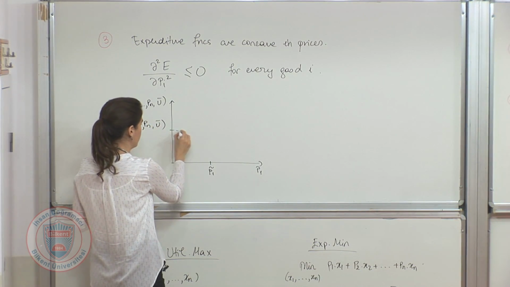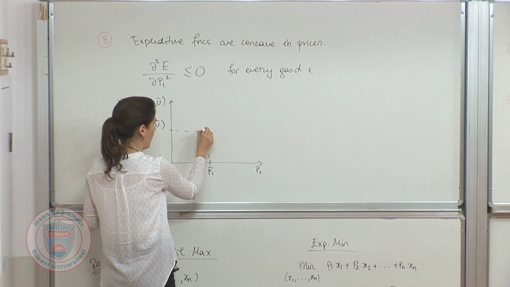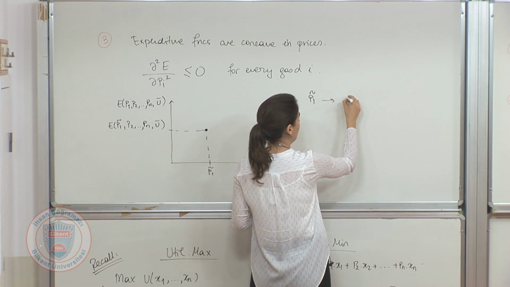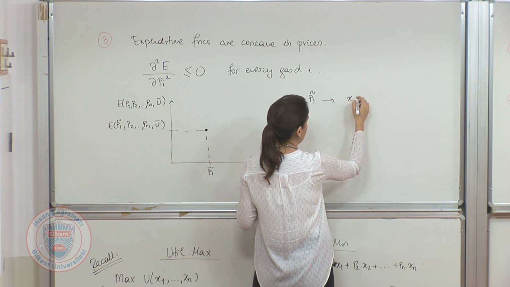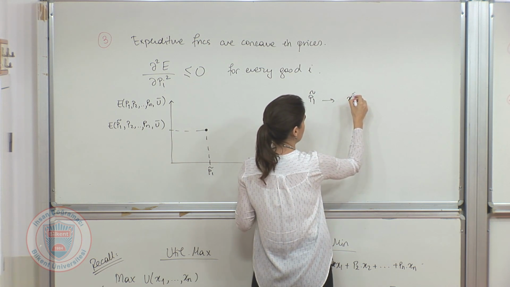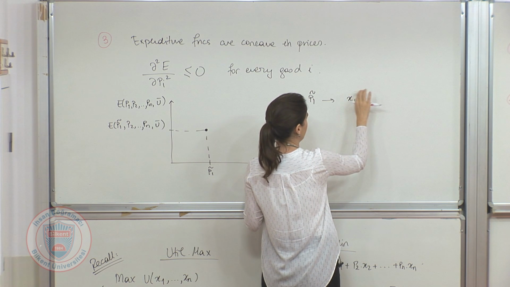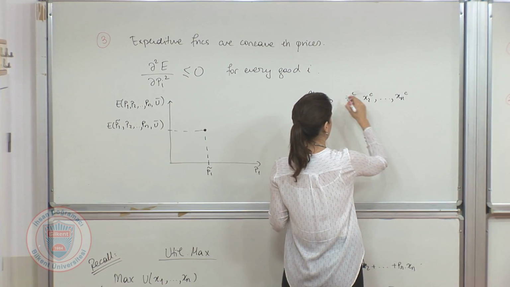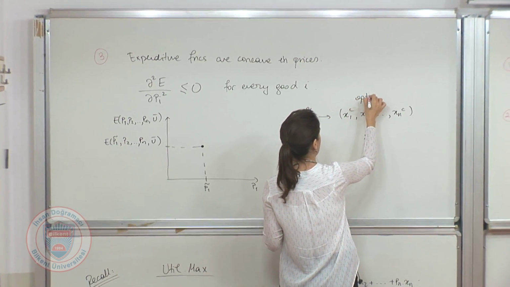Suppose it's this point. And suppose when price 1 was P1 tilde, my optimal bundle is X1C, X2C, XnC, okay? So this was my optimal bundle.